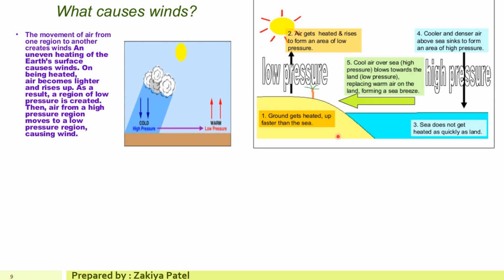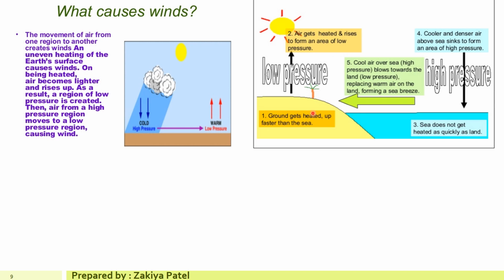During daytime, the ground gets heated up faster than the sea. If we compare two areas, one is the ground level and another is the sea level. Here water is present, so the sea does not get heated as quickly as land, whereas the ground gets heated up faster than the sea.